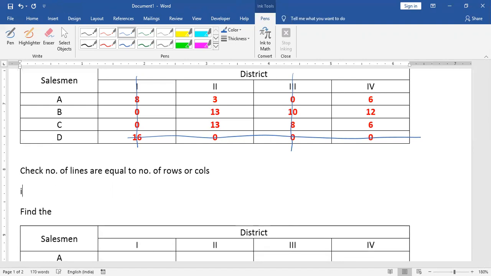If not, because in this case we don't have the number of lines equal to the number of rows and columns, then what will we do?